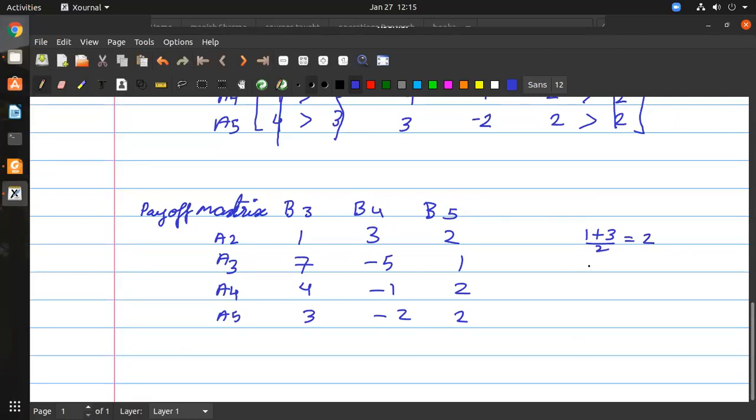Correct? 7 minus 5 divided by 2 is equal to 1. 4 minus 1 divided by 2 is 3 by 2, 1.5.